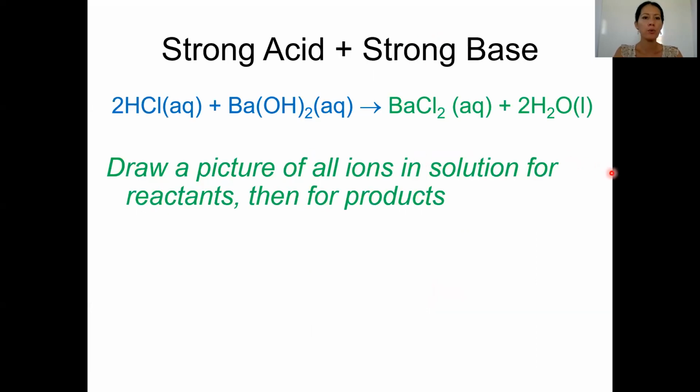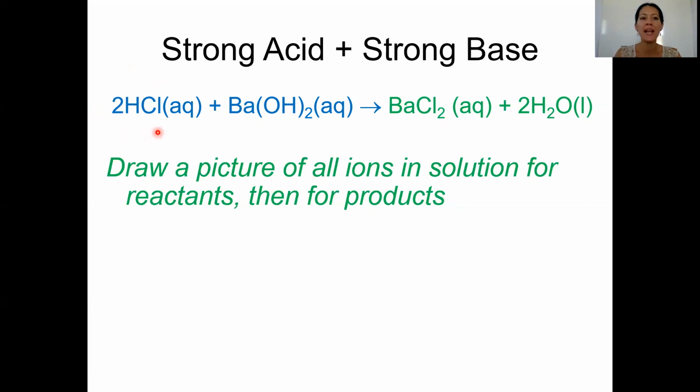So I'd like to go through a couple examples of strong acid reacting with strong base and then looking at a weak acid. My example is HCl and barium hydroxide. Something very important to pay attention to is barium's a 2+ cation, so it needs 2 hydroxides. That means if I have 2 hydroxides around, how many H pluses do I need to completely react with it? 2.